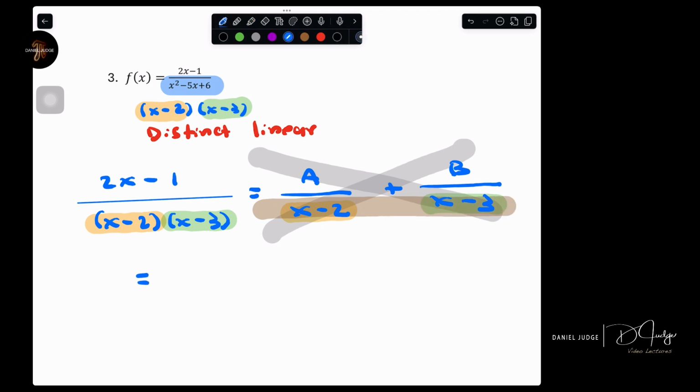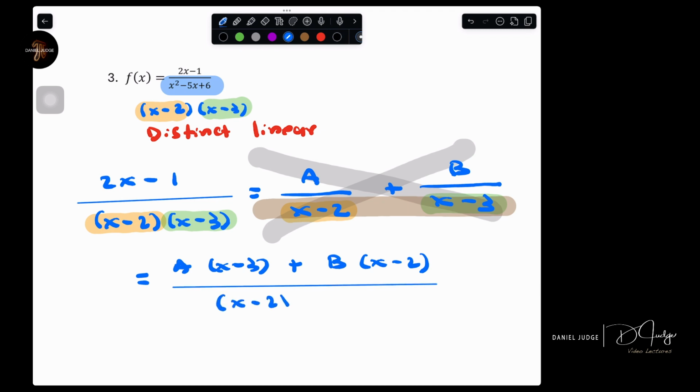So we have now a times x minus 3 plus b times x minus 2 over x minus 2 times x minus 3.